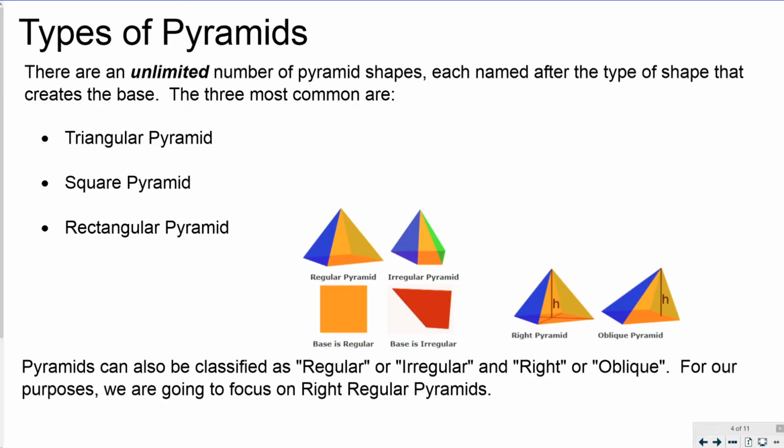Regular meaning that the base is regular shaped, and that they are either right or oblique. For our purposes, we're going to usually focus on right regular pyramids. So they might not always have 100% regular bases because they're rectangular, but for the most part, they're very easy to calculate shapes. Very easy to calculate the area shapes.